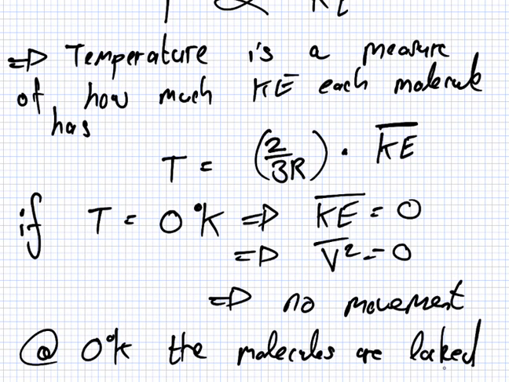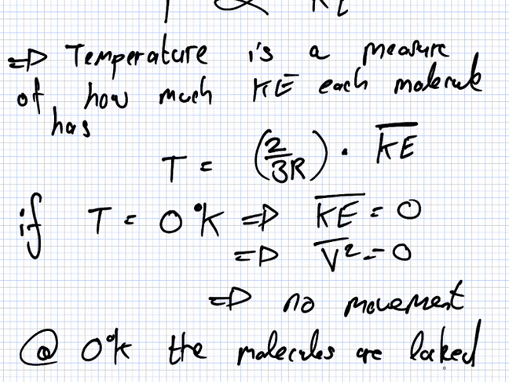Yeah, but the problem is it's very difficult to have something isolated and to take all the heat energy out of it without accidentally putting some heat energy back into it. It's really difficult. In fact, even if you were in the middle of space, you couldn't be at 0 Kelvin.